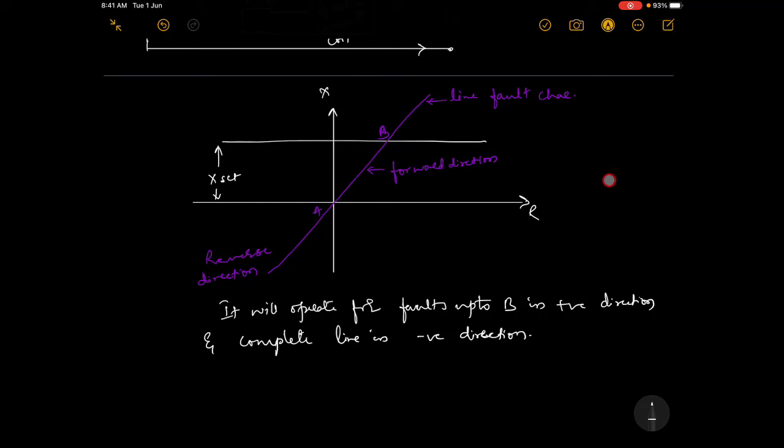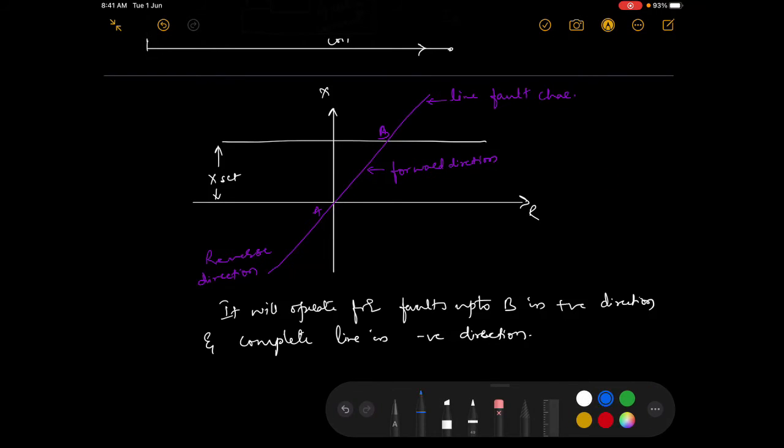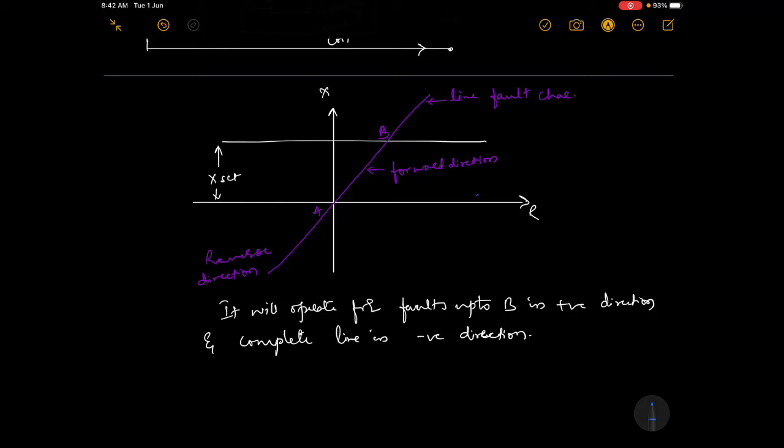But sometimes when there is no fault, during normal operating conditions, the resistance is high when there is unity power factor. Generally the normal load condition is something like this.